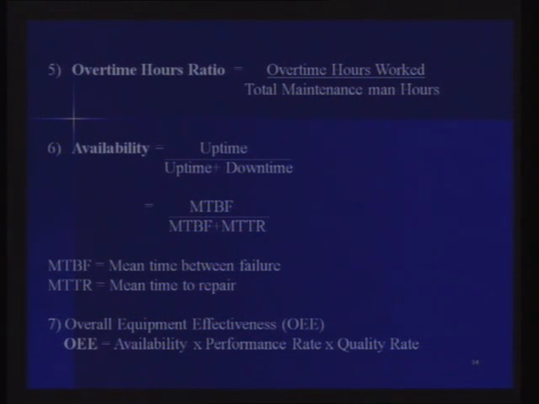So here not only availability, but as a whole how this equipment is producing: the performance rate, whether it is producing at 90% or 80% of the installed capacity, then the quality rate, what quality of production. So ultimately we incorporate every activity in manufacturing or production in this term, overall equipment effectiveness: availability into performance rate into quality rate. So we end it here.